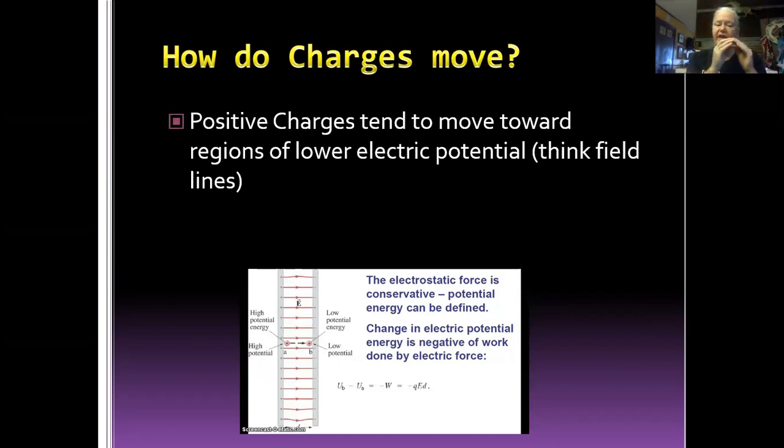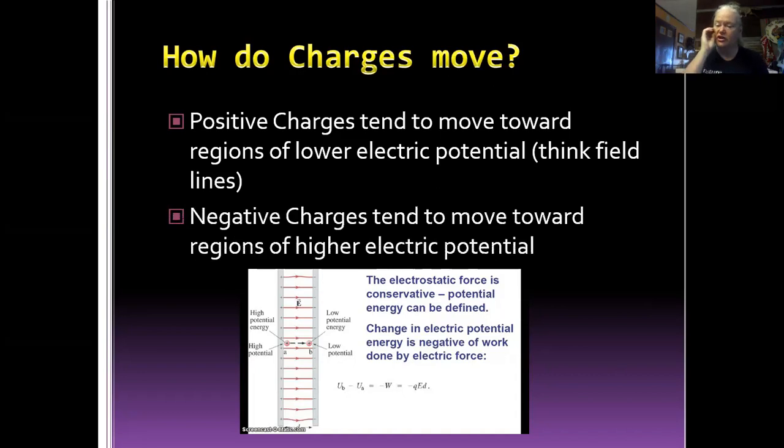If you think about the way they would naturally move, positive charges go with the field lines, so they're moving down the electric hill, away from the source of potential. So they're moving toward a region of lower electric potential and lower energy.